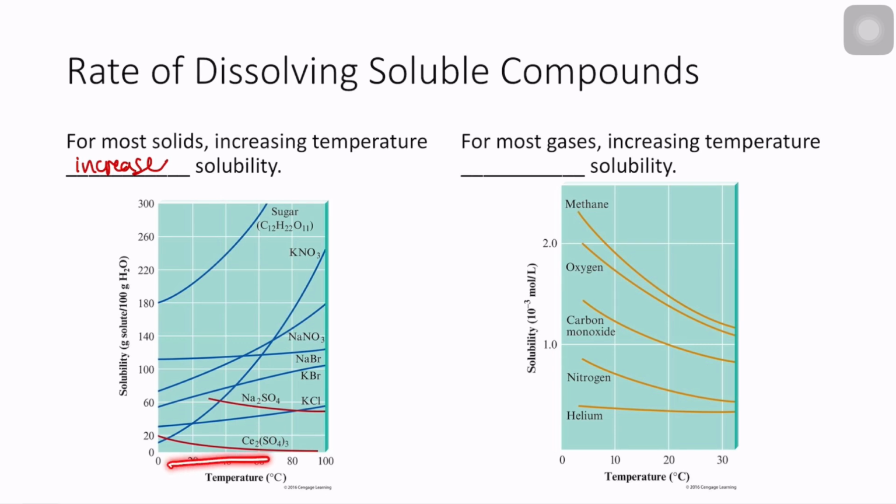So as we increase our temperature, most of these substances, their solubilities shoot up. Some actually get lower. With gases, the opposite is true. If you increase temperature, the gas solubility decreases.